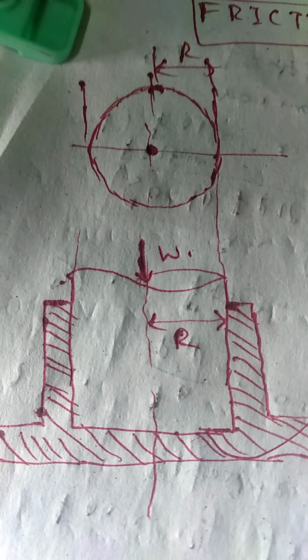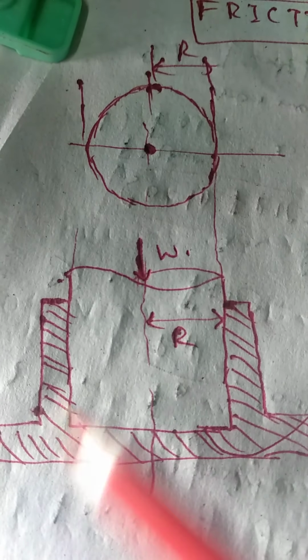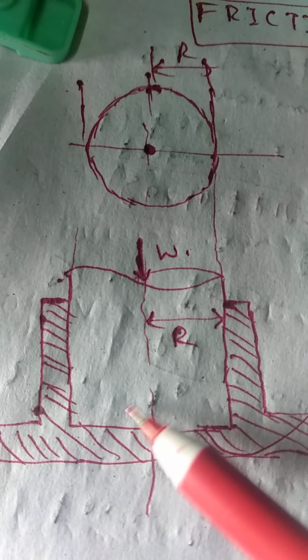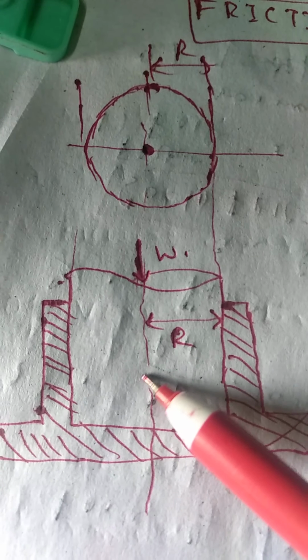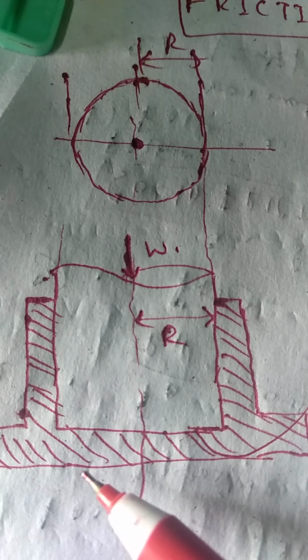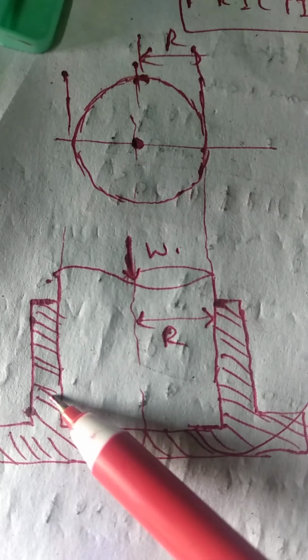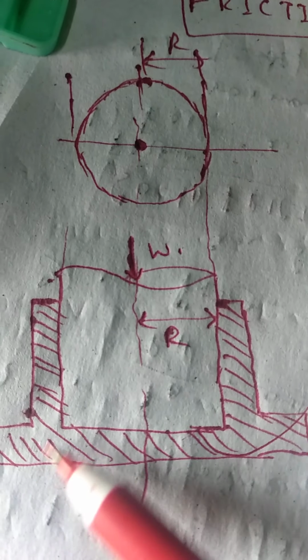When the bearings are new and there is full contact, the pressure over these rubbing surfaces is uniformly distributed.